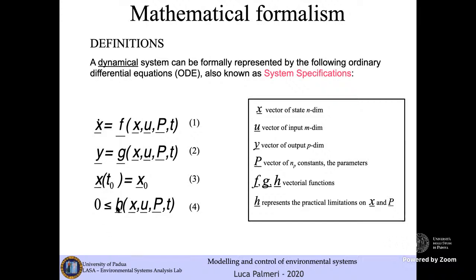Again, it is a vectorial function in which I try to include all the practical limitations on the state variables and on the parameters. So typically in this kind of description, what I include is, for example, that the entropy shall grow, or that the energy shall be conserved, or that the space or mass may be conserved, and so on.